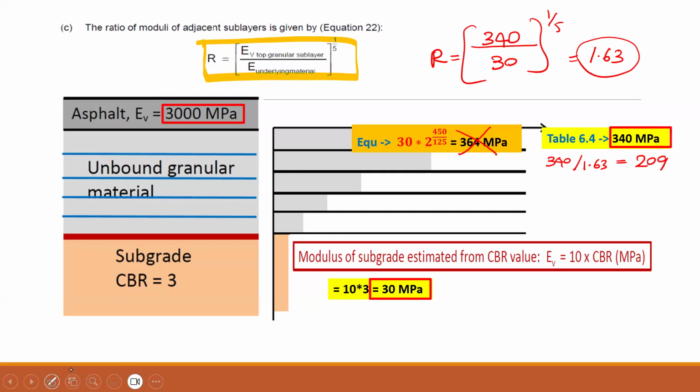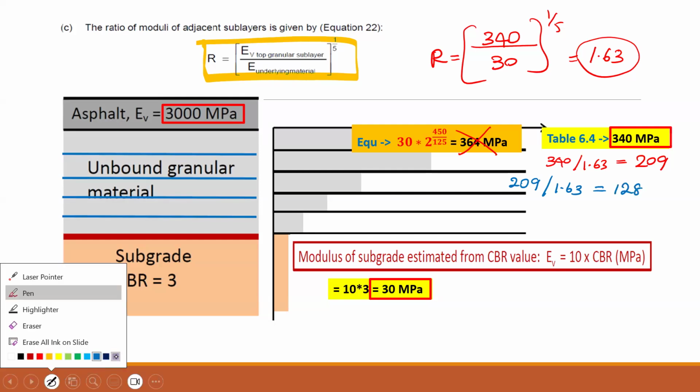Next one, what do we do? We take 209 and divide by 1.63. So then what is the next one? 128. Next one.